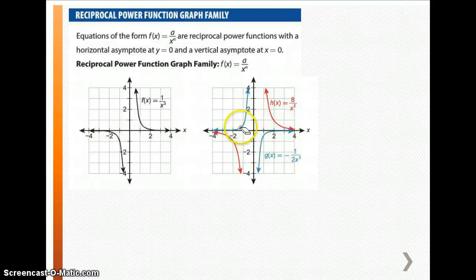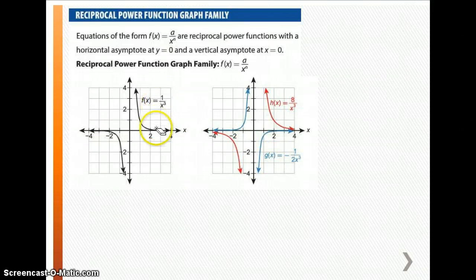If we multiply by a fraction like 1/2, then we're going to move closer to the asymptote. Whereas if I multiply the a by a larger number like 8, we move farther away from the asymptote.